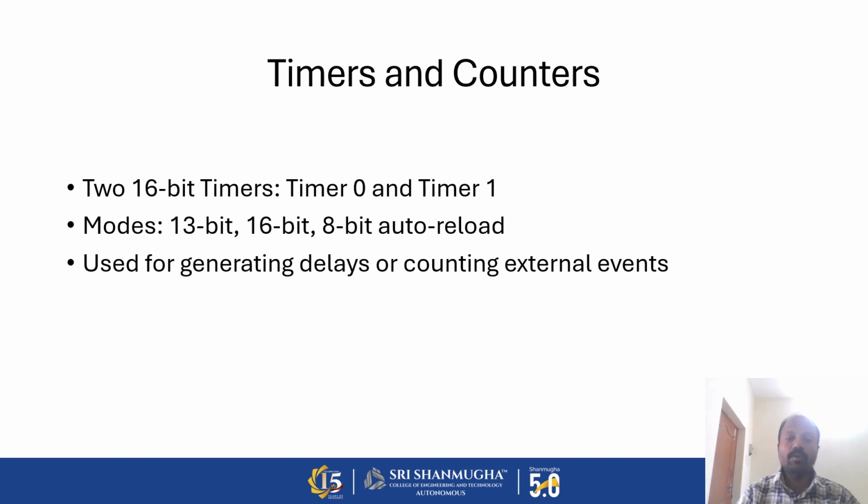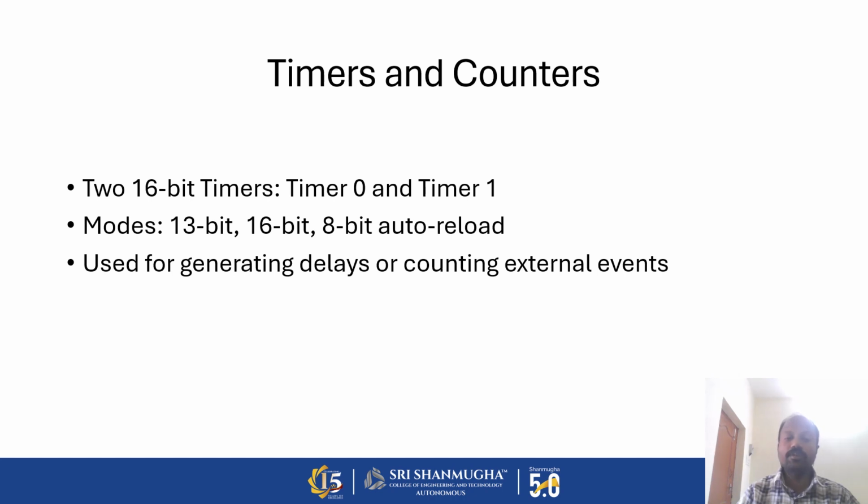Timers and counters. We have two 16-bit timers, timer 0 and timer 1. Using them we can give timing from 0000 to FFFF, that is up to 65,536 counts of delay. The different timer modes are 13-bit mode, 16-bit mode, and 8-bit auto reload mode.